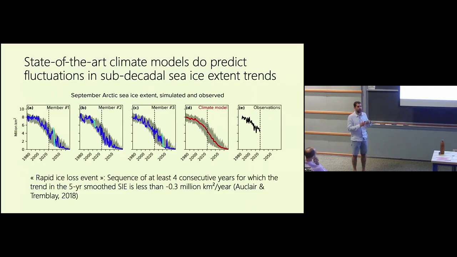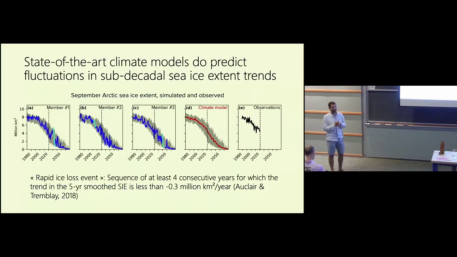And given that this follows a period where sea ice extent has been declining much faster, we might question whether the next decade or so could also be featured by a RILE. So it could be that sooner or later, the sea ice extent will resume the forced trend, or even swing to a more negative anomaly and produce a very sharp decline in sea ice extent.